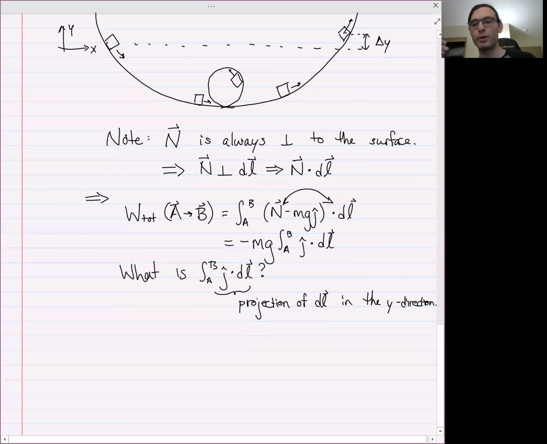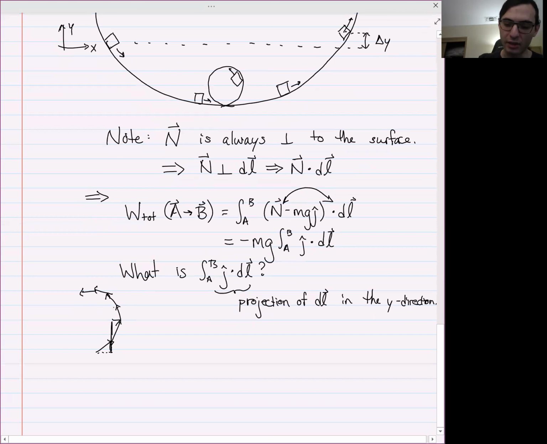So imagine that you have a whole bunch of different dl's that are adding up end on end, right? Imagine this is part of the loop-de-loop. The projection would be this bit, and then that bit, and then that bit, then that bit, and then that bit.